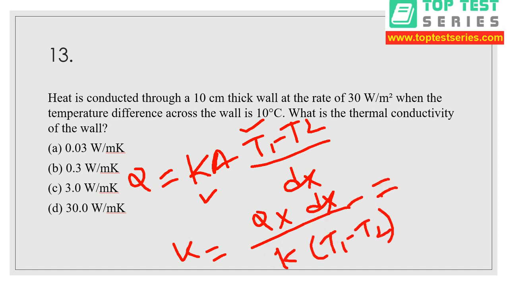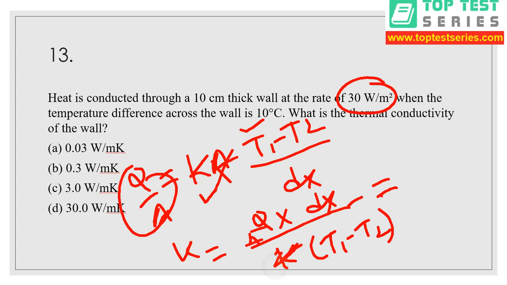What is the value of Q here? It is talking about Q by A, it is given, right? So A should be cancelled like this. So K is equal to Q by A multiple dx division (T1 minus T2), right?